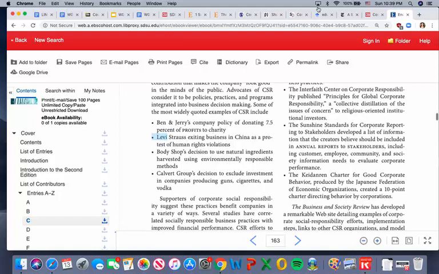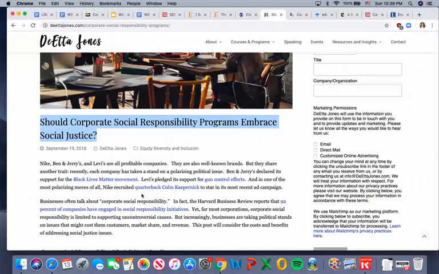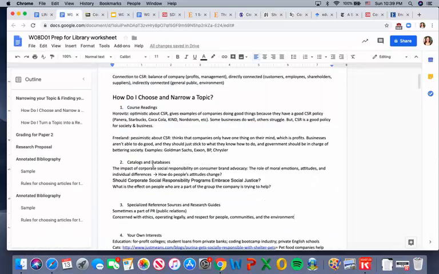You might want to learn more about that, and then also see how it connects to their ventures supporting gun control efforts. You could look at Levi Strauss and what they've done politically, how that's affected them, and what people think of them. So we've got a lot of ideas here.